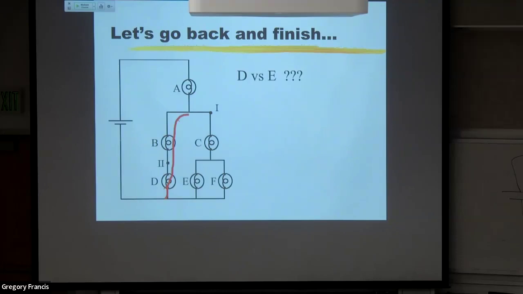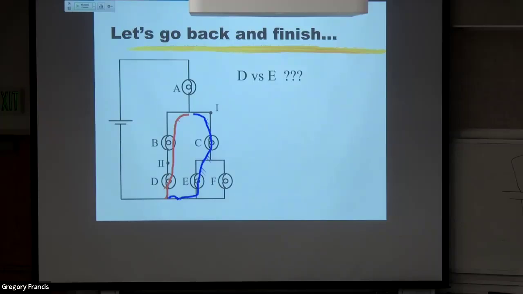I would pick a path from some starting point to some ending point that goes through D. And I would take a second path. I'm sorry for these little jags there. They weren't there. Bill Gates put them there. I have to start at the same starting point and the same ending point and go through the other bulb.